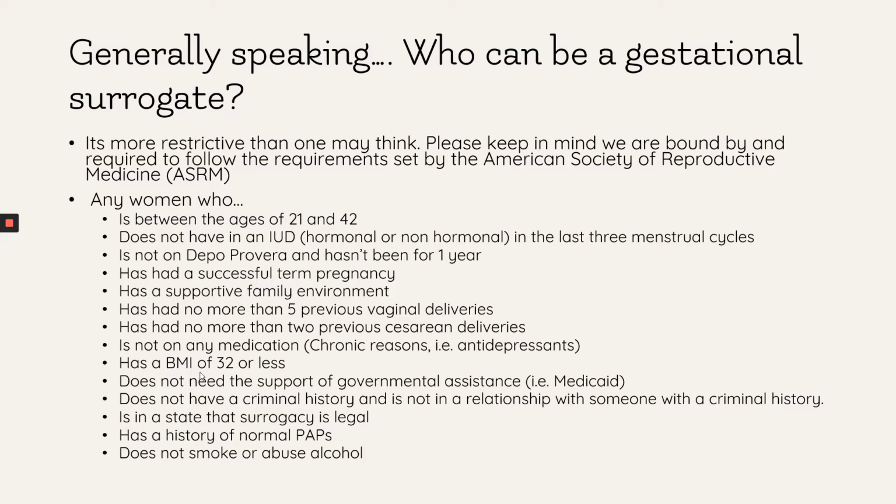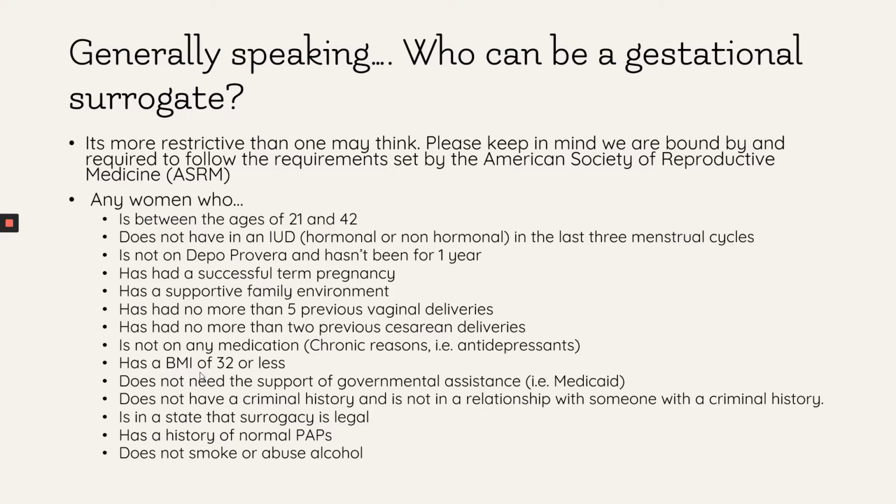You have to have a BMI of less than 32. We do understand that BMI isn't the best metric, but it is what is used. So it's unfortunately another rule of thumb, so it is something to be prepared for, that your BMI does have to be 32 or less. Some clinics it's 35, but I don't think I've seen someone match with a BMI over 35 or over 32.